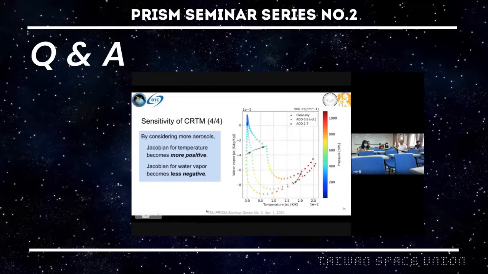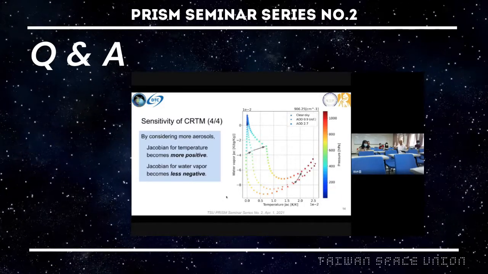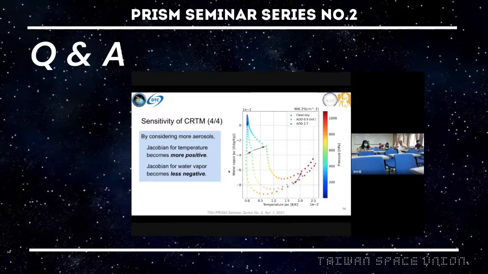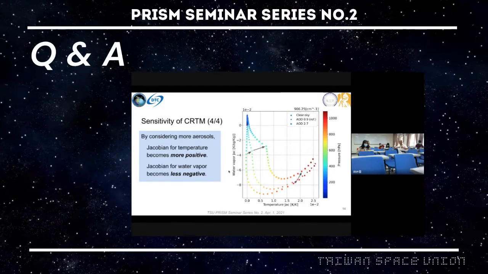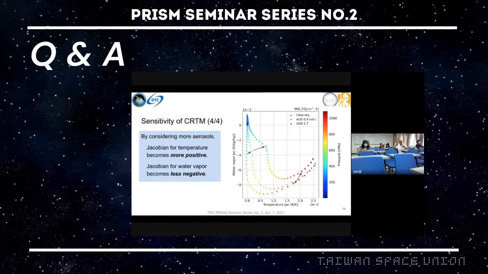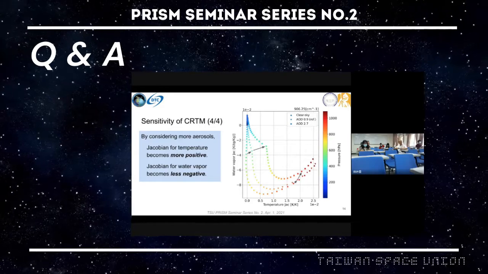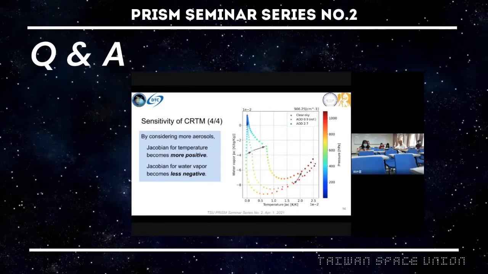So when Siwei doing the sensitivity study, he kind of doing the sensitivity for different aerosol loading, and also perturb the aerosol peak height. So that's showing in color bar.